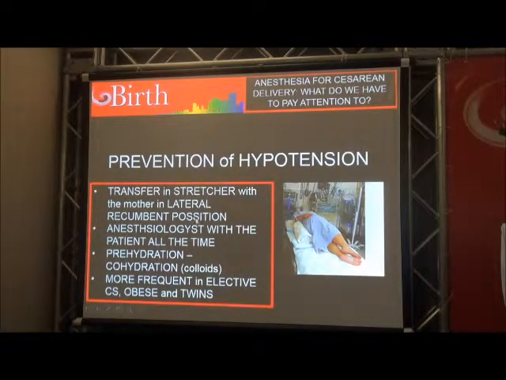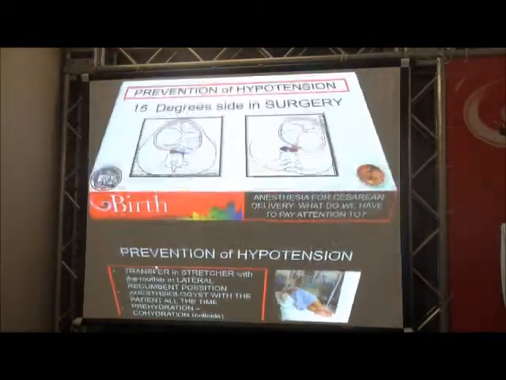The anesthesiologist should ideally be with the patient all the time of the transfer, and prehydration should be performed before the cesarean, together with a new concept called co-hydration, which is done mainly with colloids to prevent hypotension. This hypotension, as you may know, is more frequent in elective cesarean sections, in obese patients, and in twins.